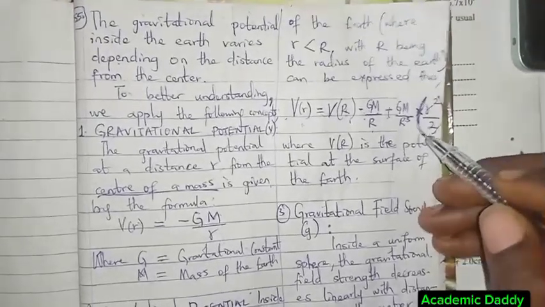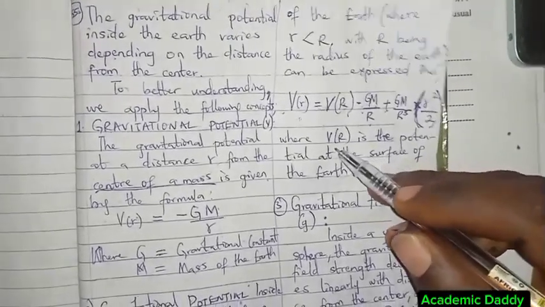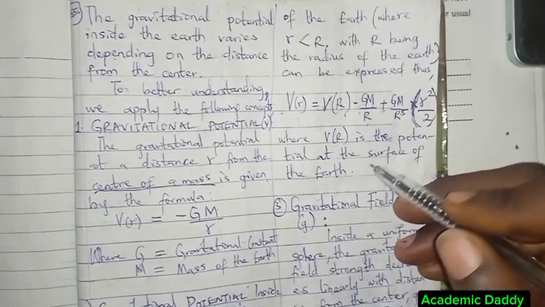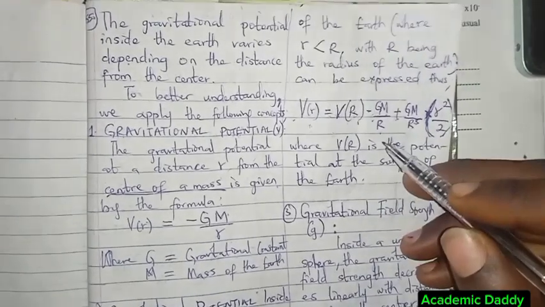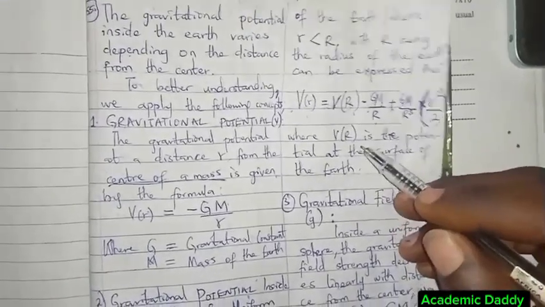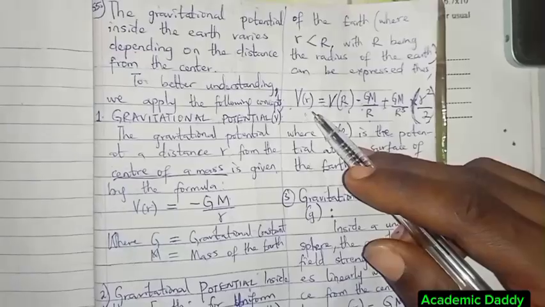This is a very important formula. And where V(R) is the potential at the surface of the Earth. I'm always putting R close to it, so you know the difference between when it's at the center of the Earth and when it's the distance from the center of Earth.